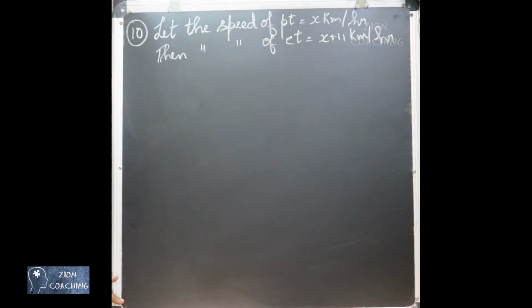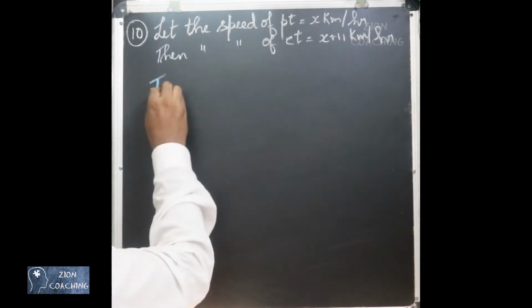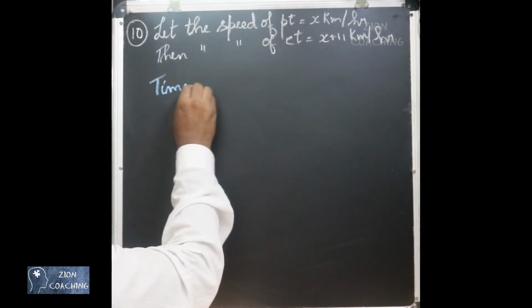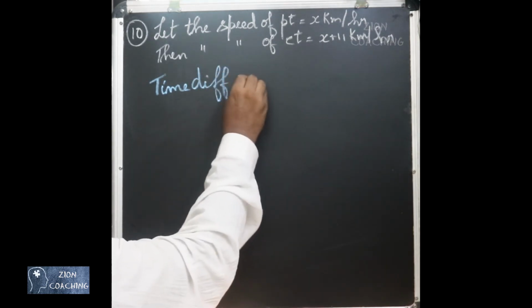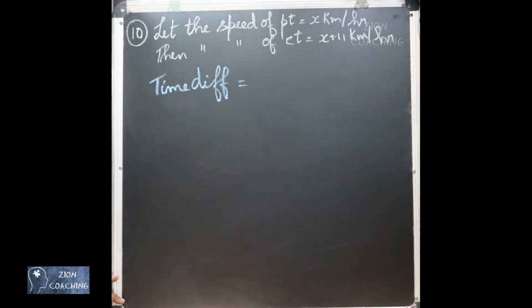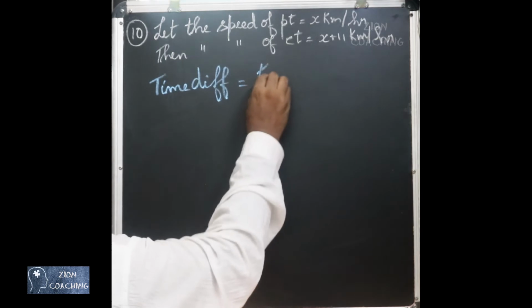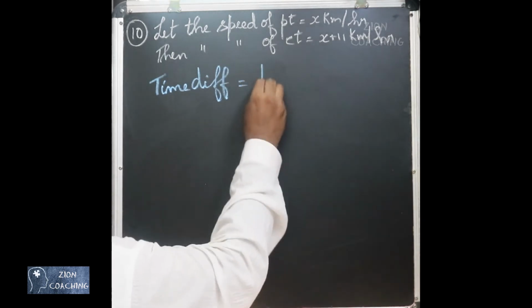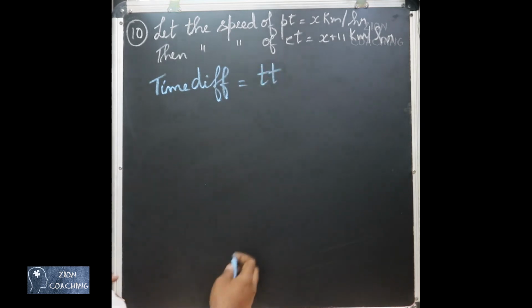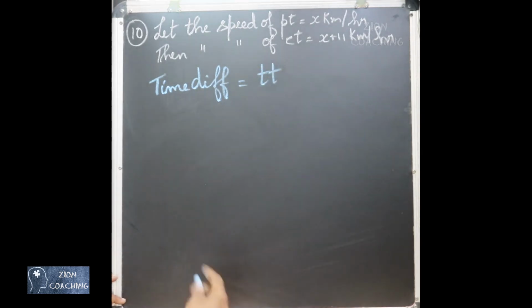So they have told that the difference in timing is 1. Now we are going to calculate the time difference. Time difference equal to time taken by the passenger train will be more, because when the speed is less the time taken is more.